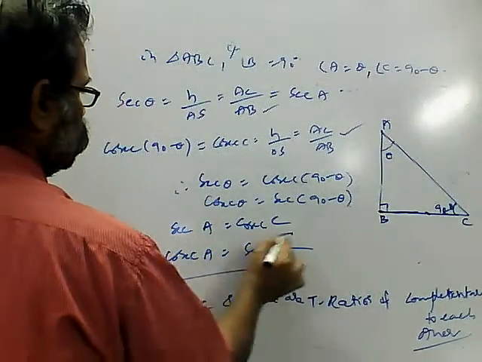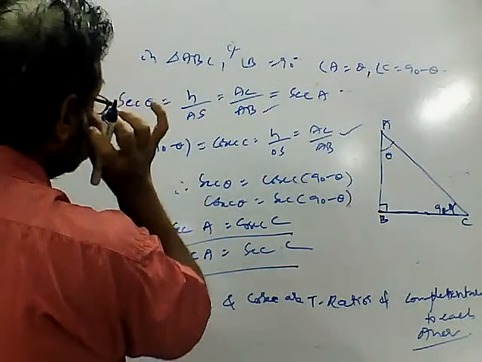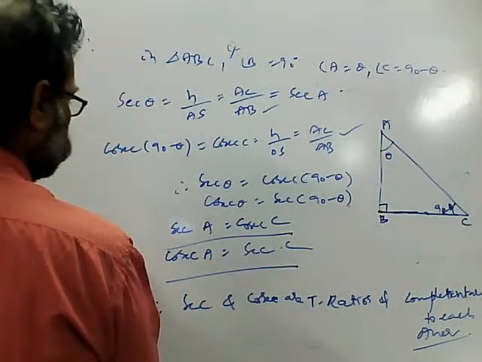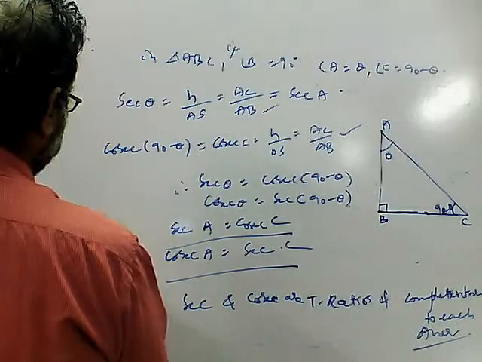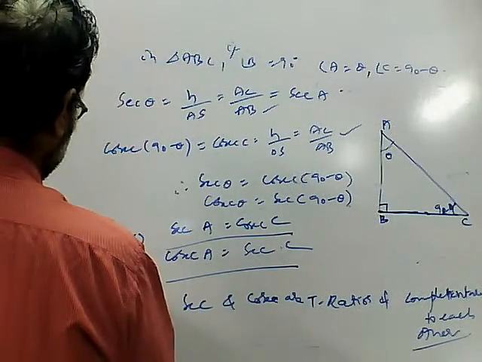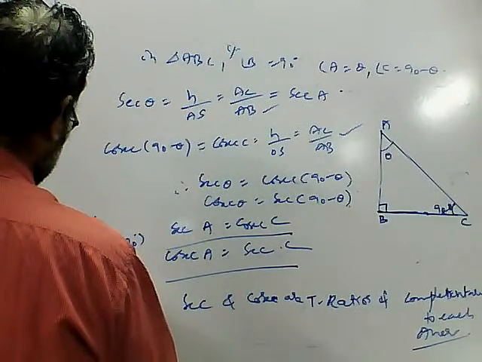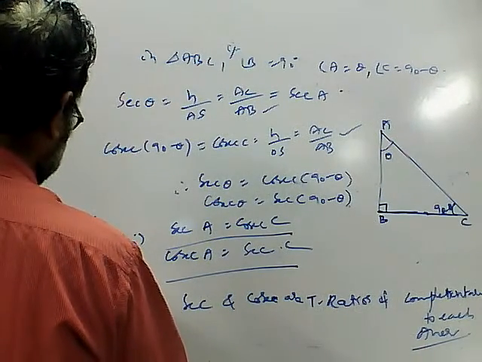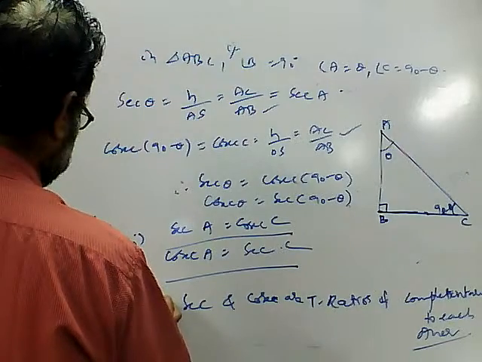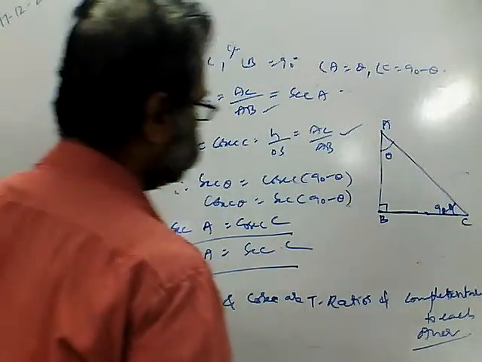Therefore, secant 30 is equal to cosecant 90 minus 30, cosecant 60. Cosecant 30 is equal to secant 90 minus 30, which is equal to secant 60, likewise.